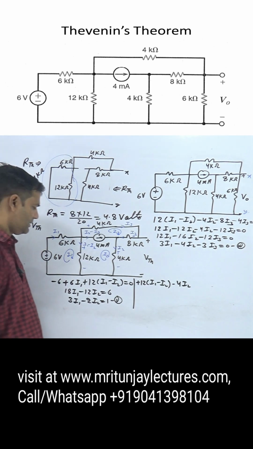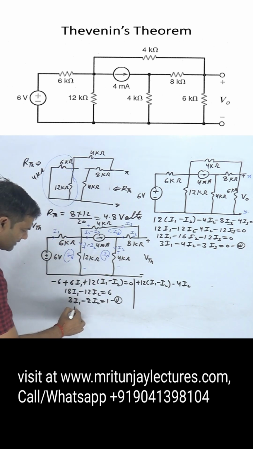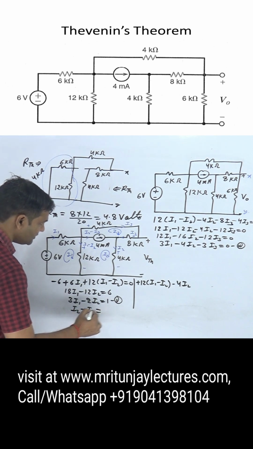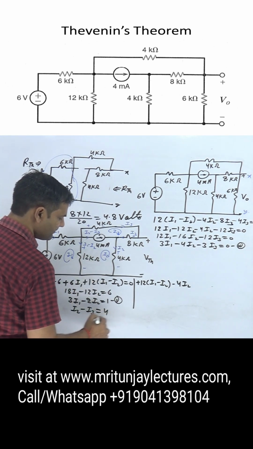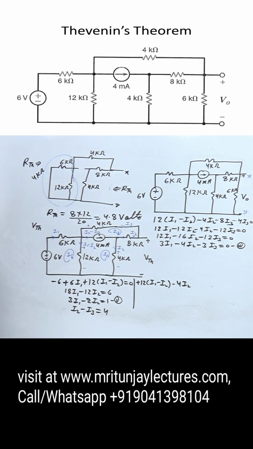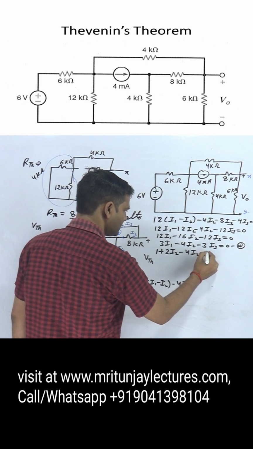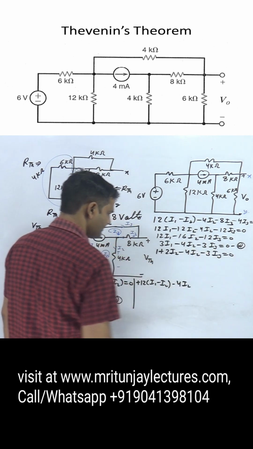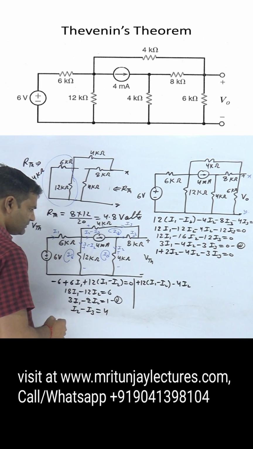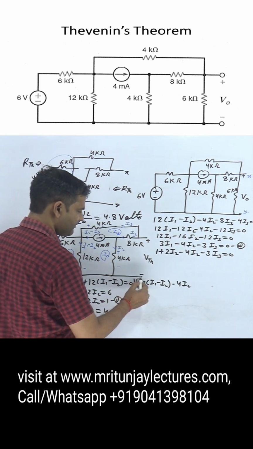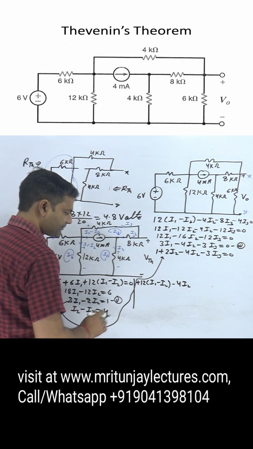And here I2 minus I3, this will be equal to 4 milliampere. Now what about I1? 3 I1 will be equal to 1 plus 2 I2. Put here 1 plus 2 I2 minus 4 I2 minus 3 I3, this will be equal to 0. This value put here.